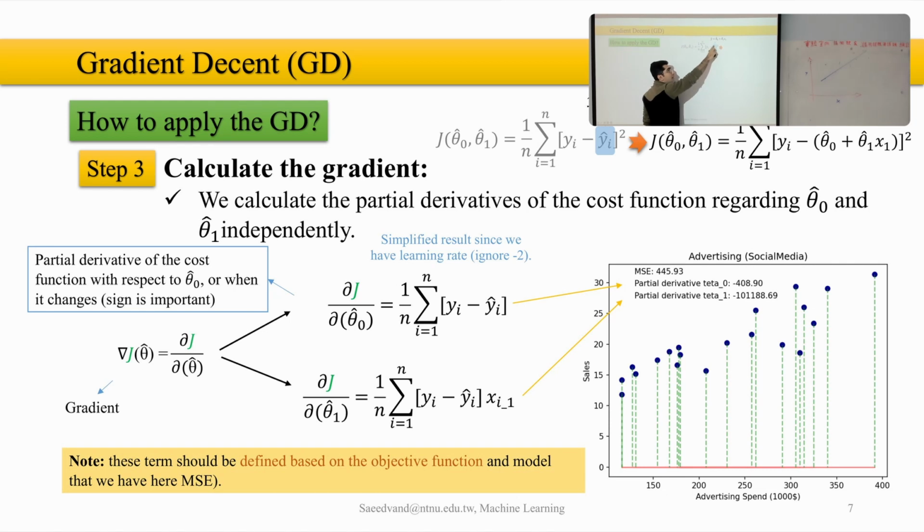So what is y hat i? Y hat i is my model, right? And this model is written like this: y hat is equal to theta hat 0 added by theta hat 1 x1. This can be any model. This can be a very complex deep learning model, neural network model, anything. For now, we're talking about simple linear regression to understand. So my prediction model is this.